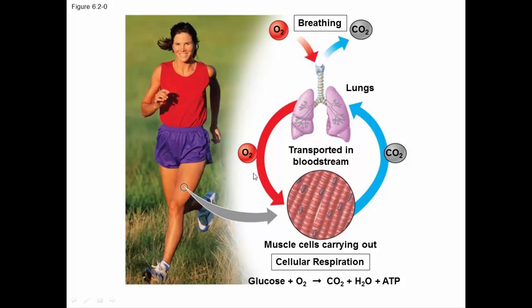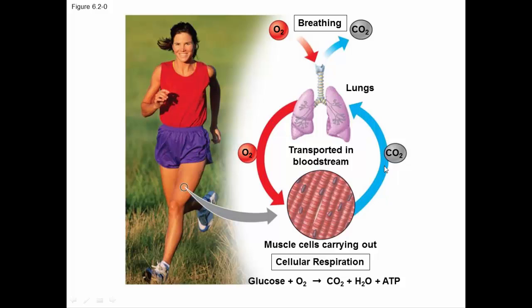This gets transported throughout our bloodstream into the cells utilizing glucose molecules. Something like a muscle cell or muscle fibers is going to utilize lots of oxygen and lots of glucose to do cellular respiration. Looking again at this reaction down here, glucose plus oxygen creates carbon dioxide, which is a waste product of cellular respiration.